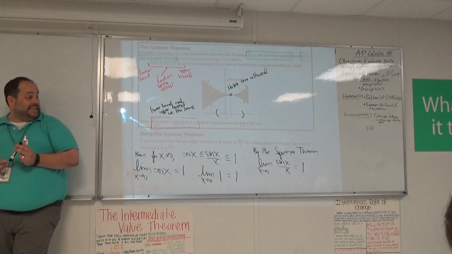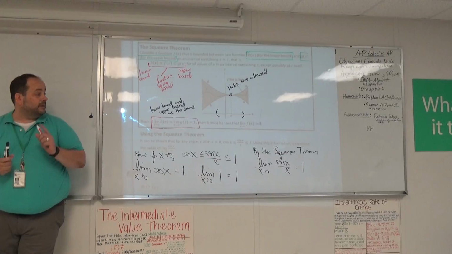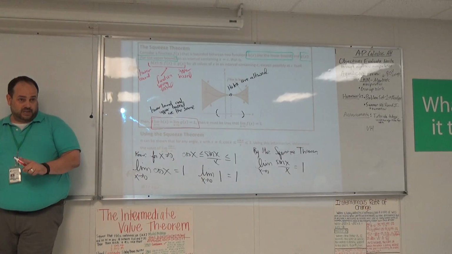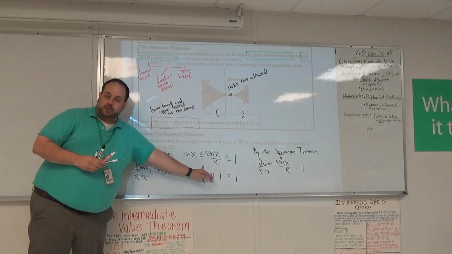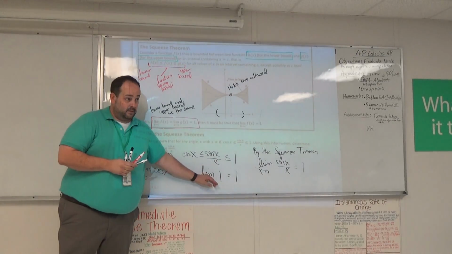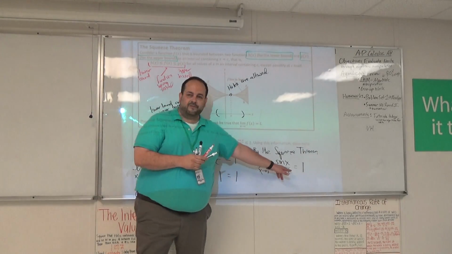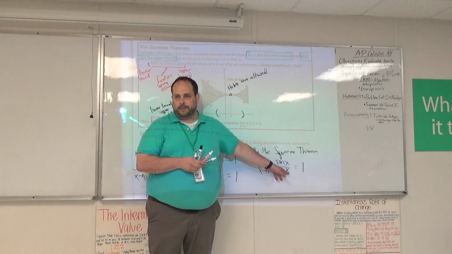Not too bad if you're given the right functions. If you're given the lower bound and the upper bound, the only thing you have to check is, do they converge to the same thing? If that's true, then the function in between must actually have the same limit.